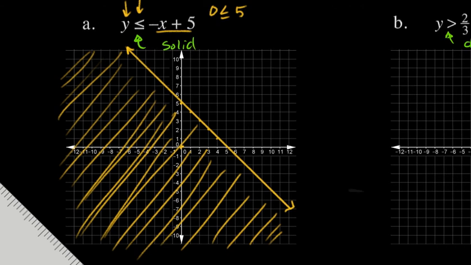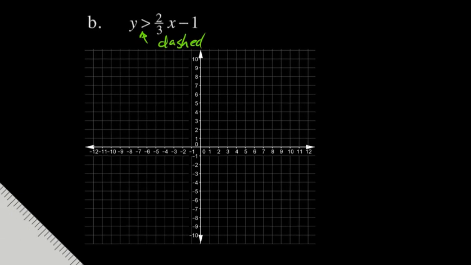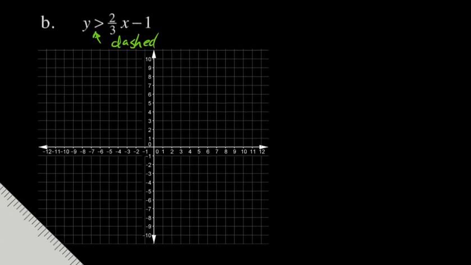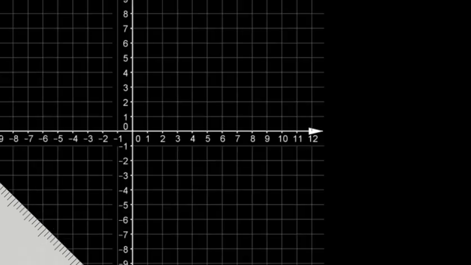All right, so let's do the same thing for part B. This relationship is strictly greater than, so we're not going to be using a solid line. We'll use a dashed line. But let's go ahead and draw the boundary again. So the y-intercept is at -1, and my slope is positive 2/3.